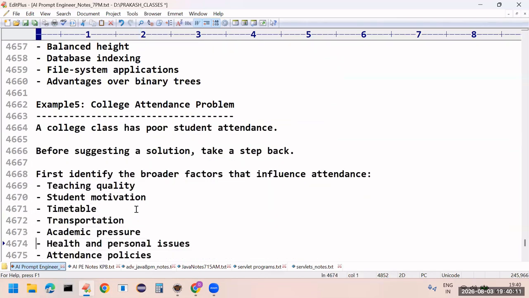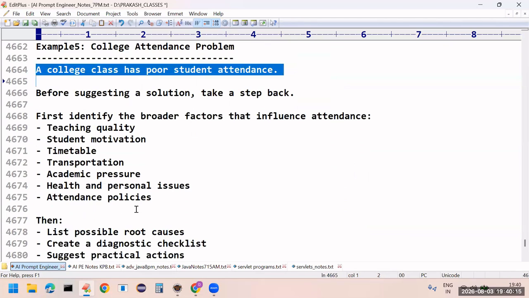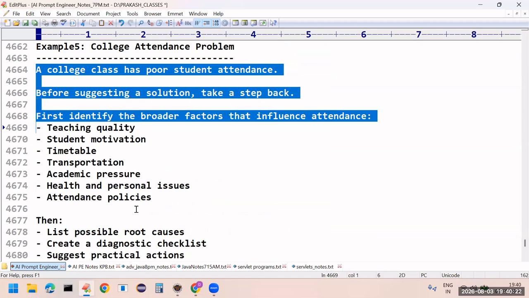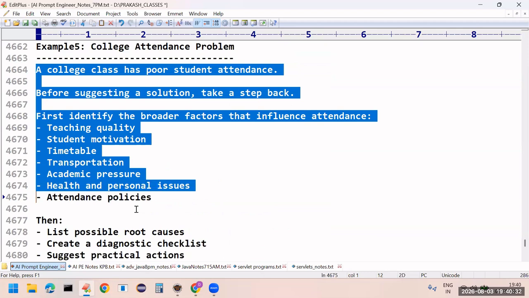College attendance problem. This prompt we also use several times. Sir, a college has poor student attendance. Before suggesting a solution, take a step back. First, identify the broader factors that influence attendance. Teaching quality, student motivation, timetable, transportation, academic pressure, health and personal issues, attendance policies.